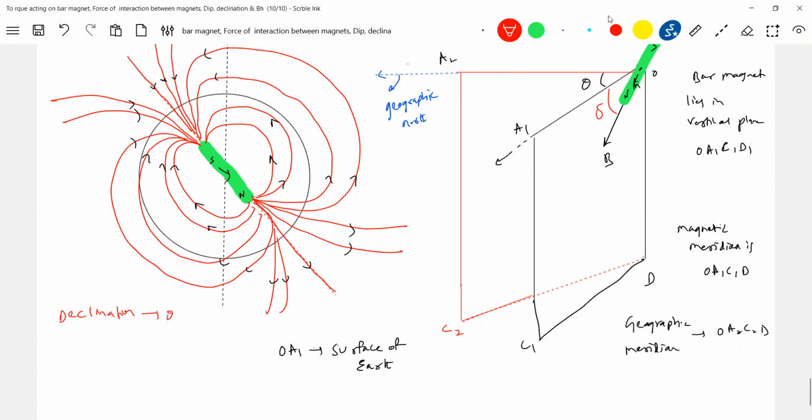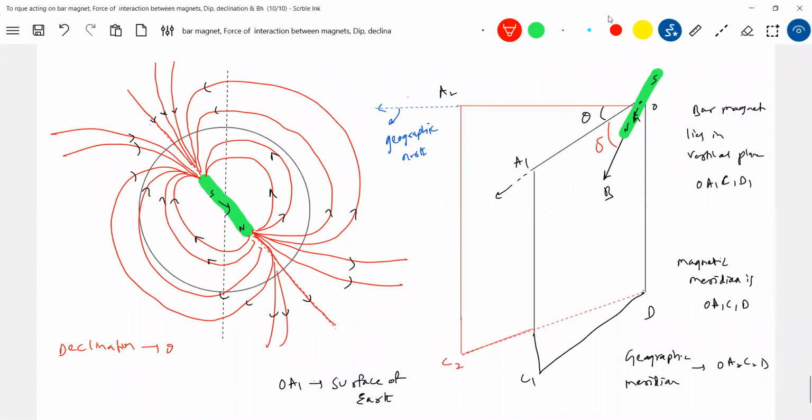Why do we bring in theta? Look at this. This is the geographic north. These two dots I'll put. At different points, B bar will make different angles with the geographic north, and so we express it like this.